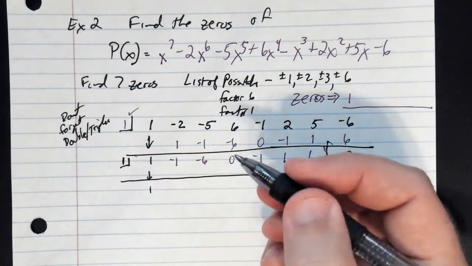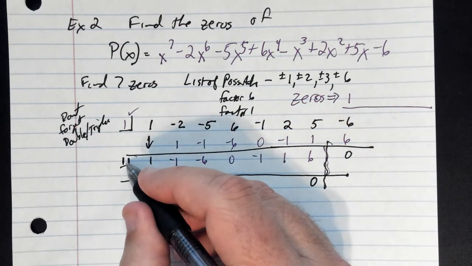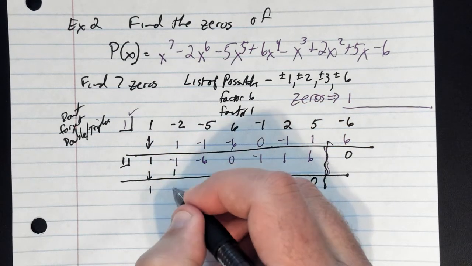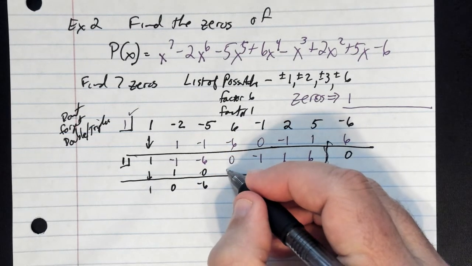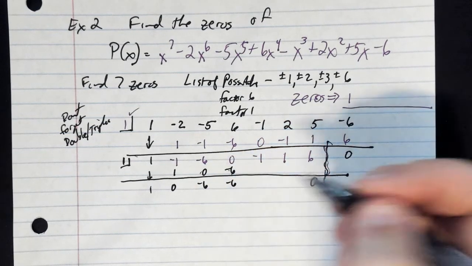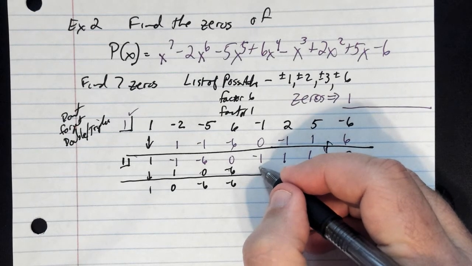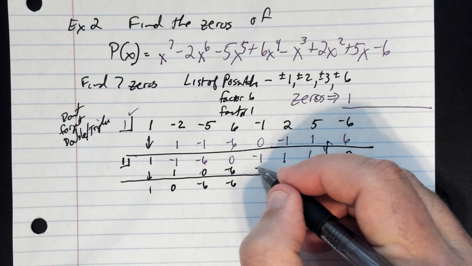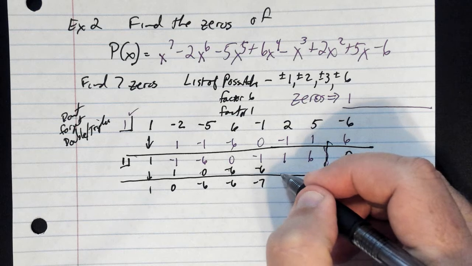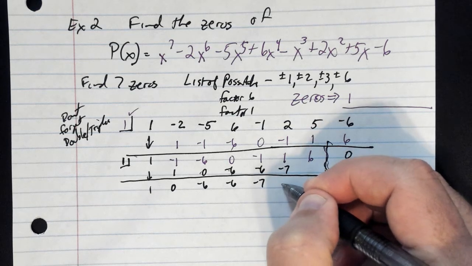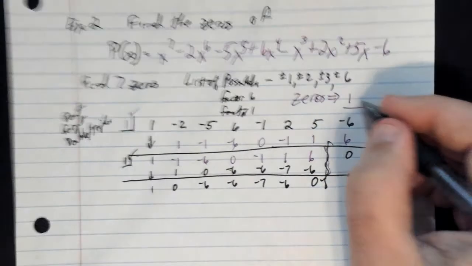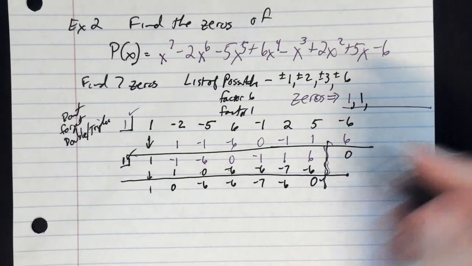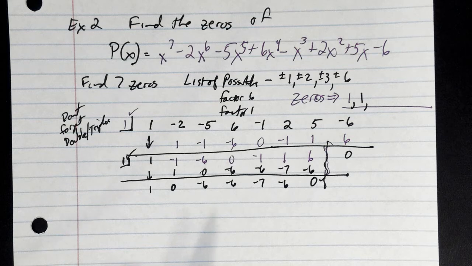If it's not a double root, then 1 is never going to work again. So we run this through: 0, 0, -6, -6, -6, then -7, -6, and 0. And look, it's another 1.